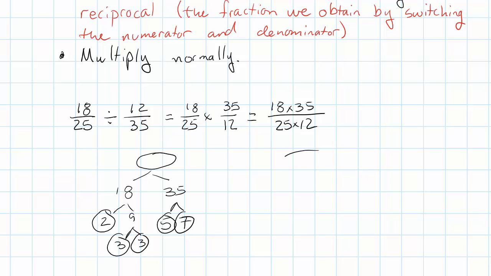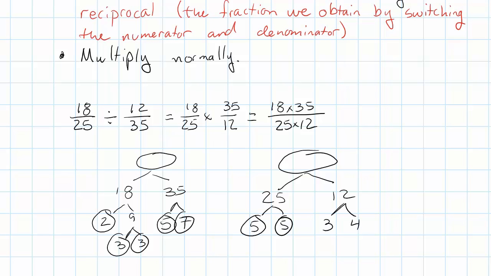My denominator is 25 times 12. 25 is 5 times 5. 12 is 3 times 4. And 4 is 2 times 2. So my numerator is 2 times 3 times 3 times 5 times 7.